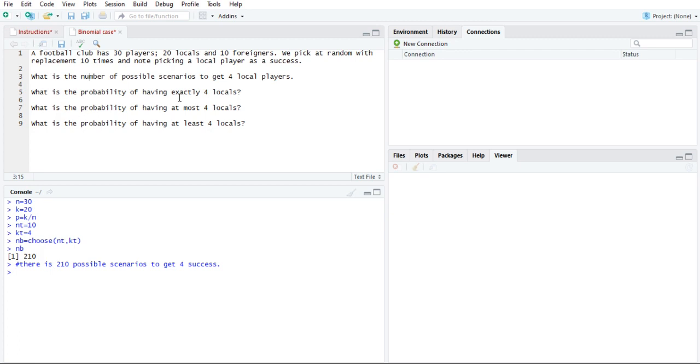So, to calculate the probability of having exactly 4 players in 10 trials, first, the probability of success in one trial is p power kt times 1 minus p power nt minus kt.